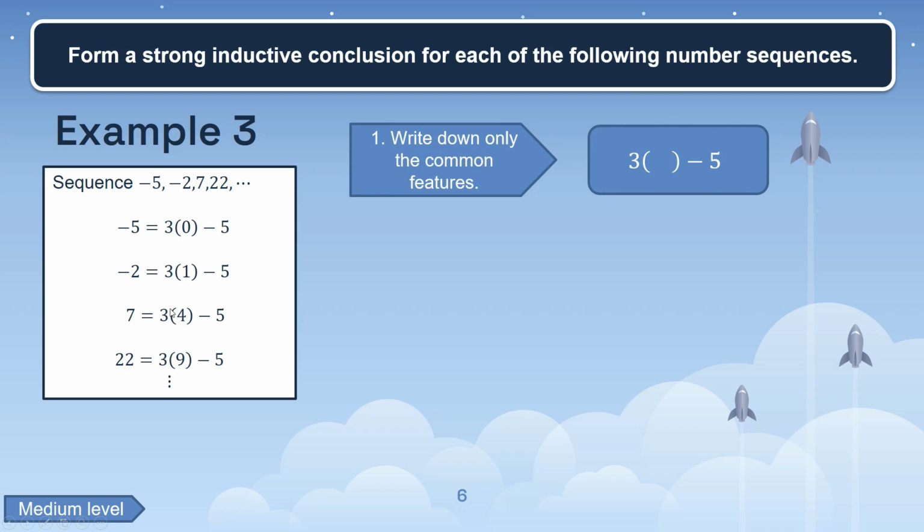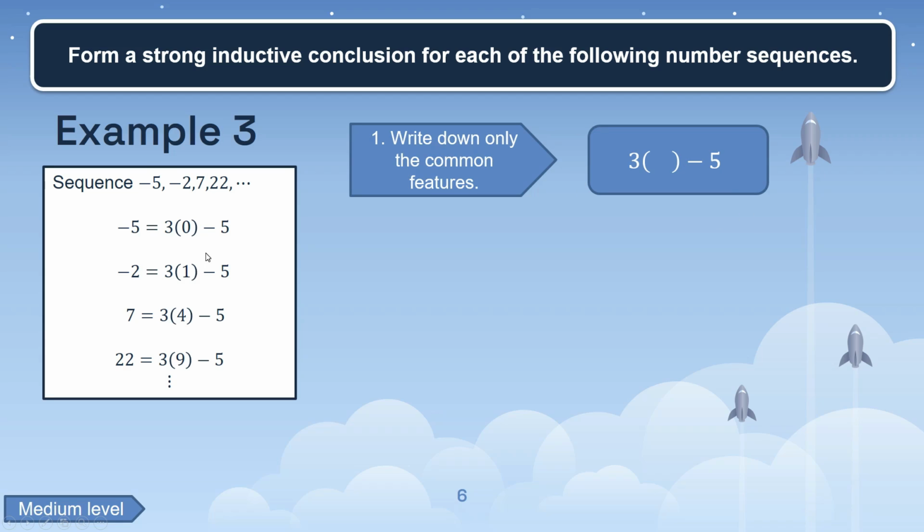Okay, 3. And then the bracket different, and then we put blank in here because it is different. Then the minus signs also common, sama. Then we put negative sign. 5 also common. Then we put 5. Okay, like this. This is the first step.